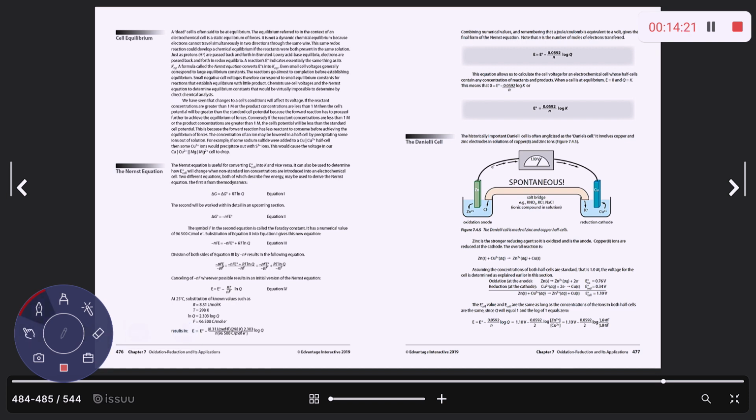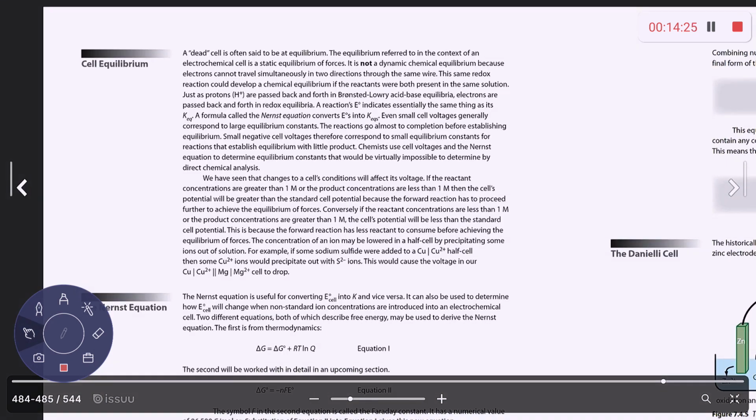The one thing in cell equilibrium right here that I would highlight is that, of reactions, E indicates the same thing as KEQ. And there's an equation called the Nernst equation that converts E into KEQs.